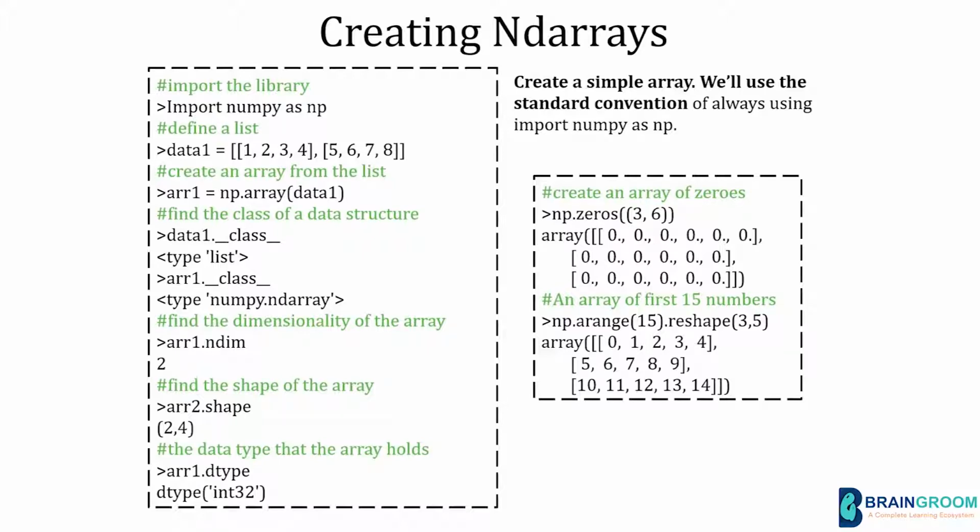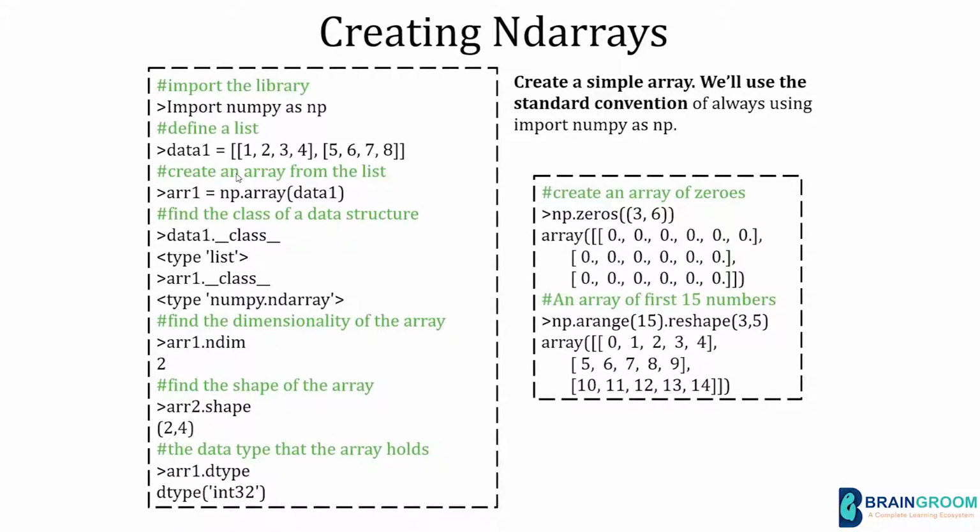Whenever we want to create an array, first we need to define a list. For example, here data1 equal to 1 2 3 4 comma 5 6 7 8. There are two lists I defined.